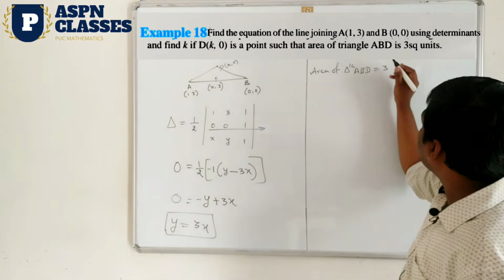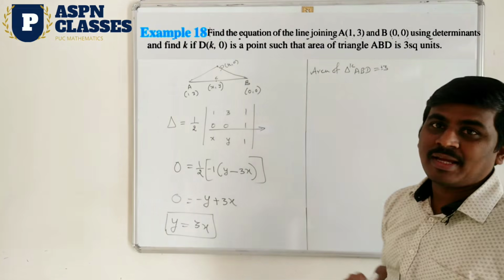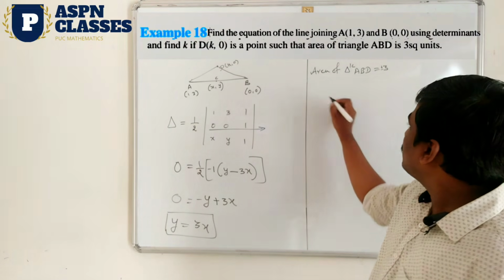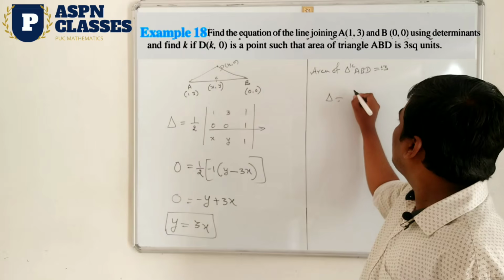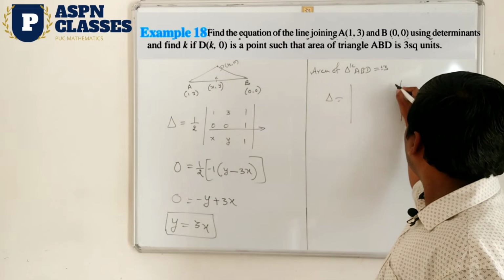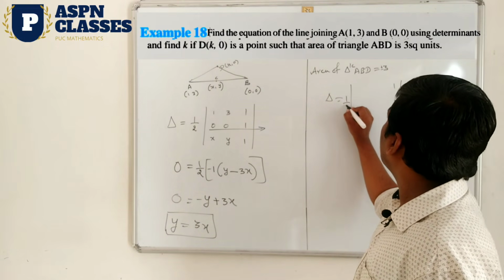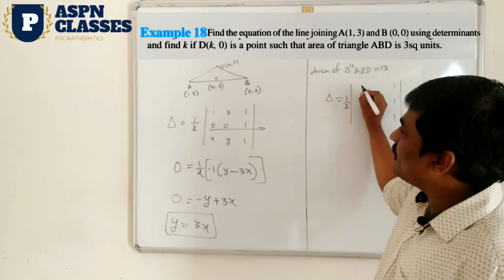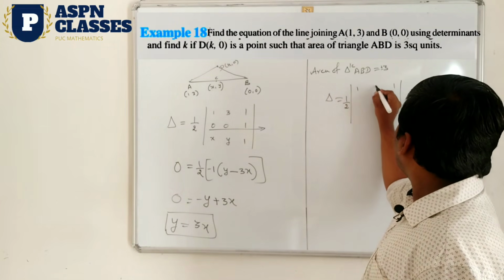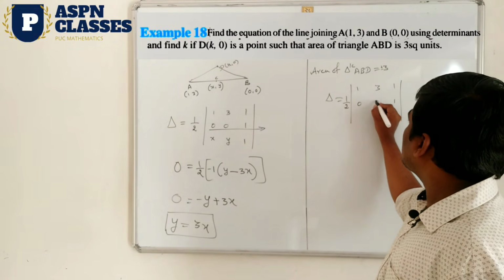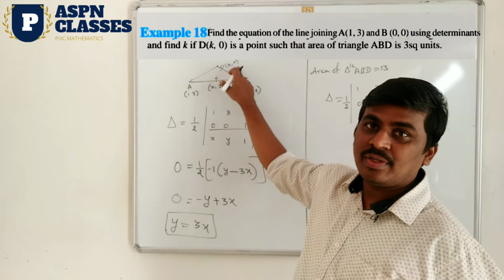When the area is given, you take plus or minus. Now simplify with the triangle formula: determinant with 1, 1, 1, and don't forget the 1 by 2. First point is again (1, 3), second point is (0, 0), and third point D you have to take here.